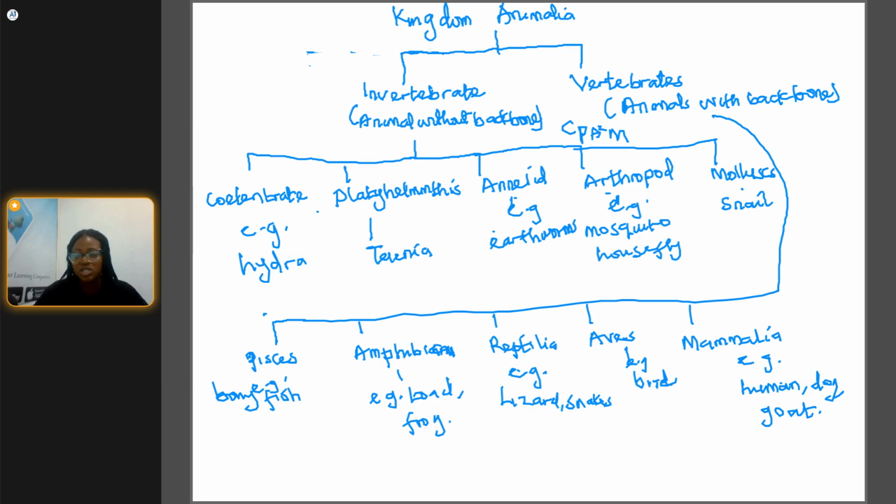Those are the major classes under kingdom Plantae. Then we talked about the Animalia, whereby we have the major classes, which are the invertebrates and the vertebrates. Invertebrates are the animals without backbone, and the vertebrates are the animals with backbone. Then under invertebrates, we have 5 classes, which is still on the board here. And also we have 5 classes under vertebrates, which is also on the board here.